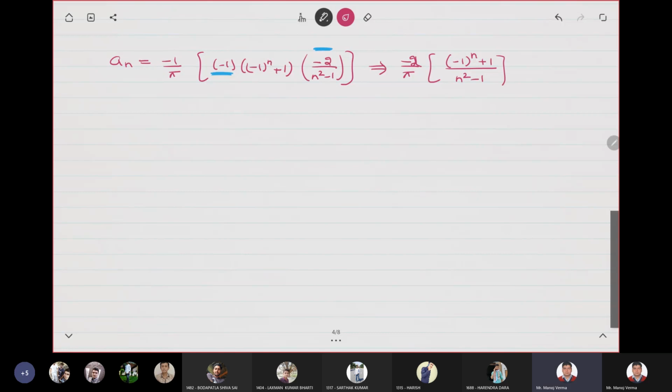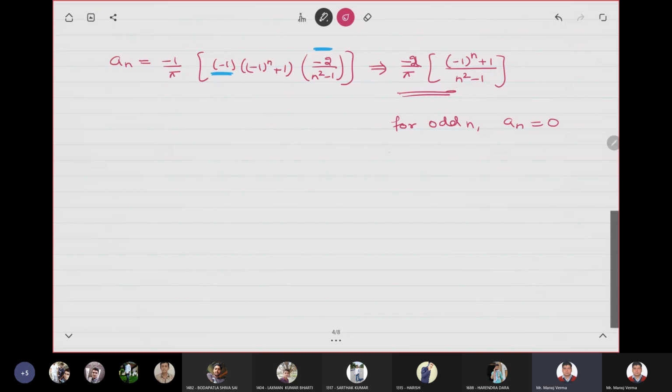Now from this expression you can see, for odd n, minus 1 raised to the power odd number will become minus 1, and hence the whole numerator will go to 0.